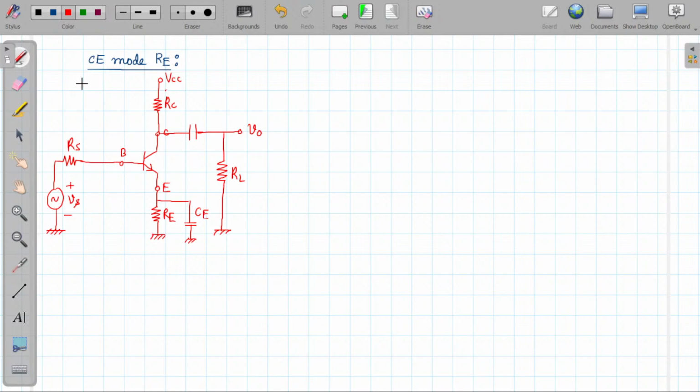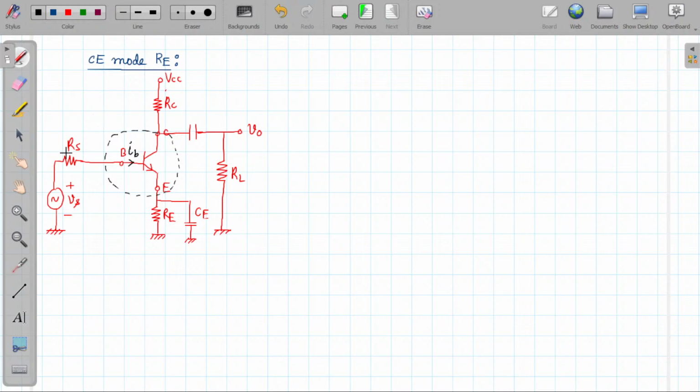First of all, where is the transistor? The transistor is here, and this transistor will be replaced by the RE model. Here the input current is IB, because we use the RE model for AC analysis.